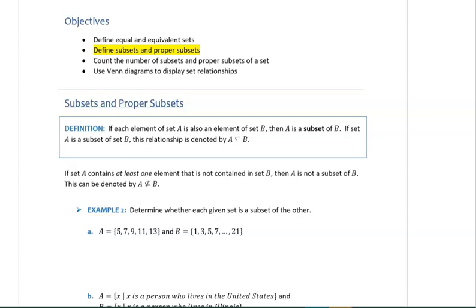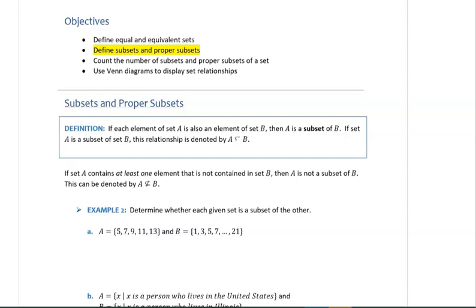Example 2, determine whether each given set is a subset of the other. So here we have set A is the set containing the values 5, 7, 9, 11, and 13. And set B contains the values 1, 3, 5, 7, all the way to 21.